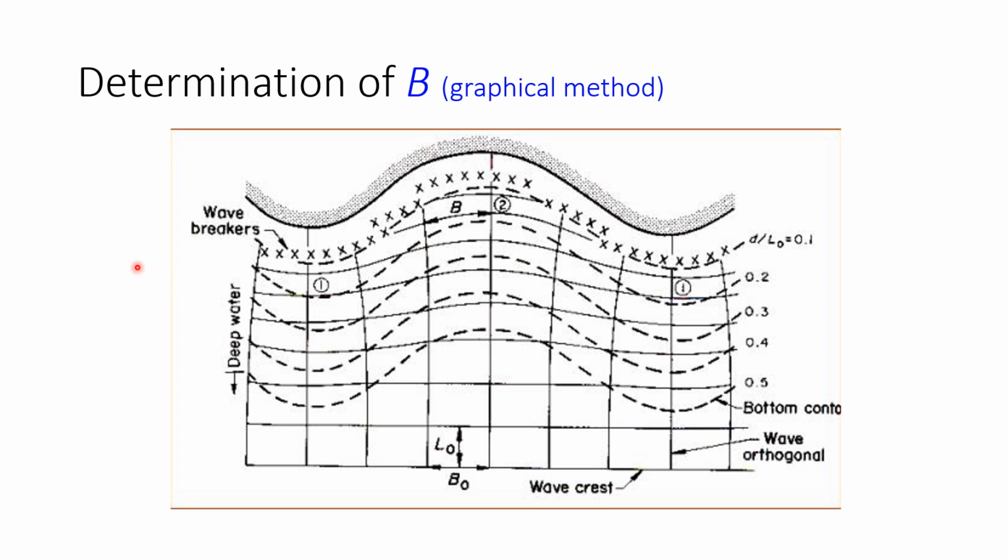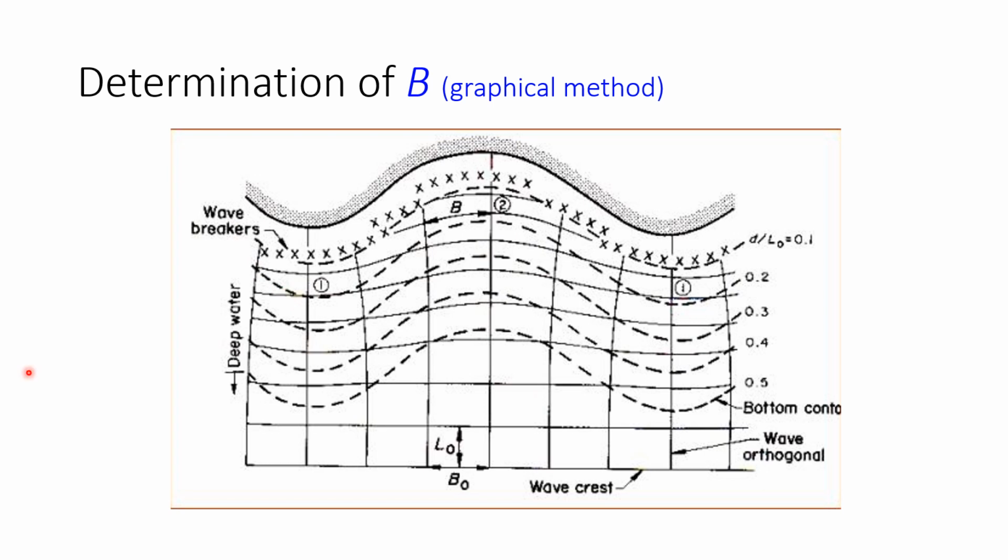As a result, the convergence between the two orthogonals, which causes them to become narrower and narrower, will cause the wave height to increase. So wave height generally will increase when the wave approaches a headland, and will decrease when it approaches a bay.